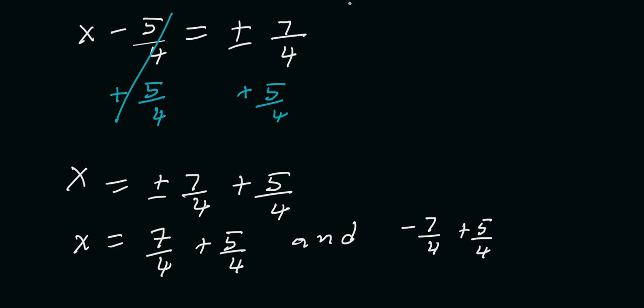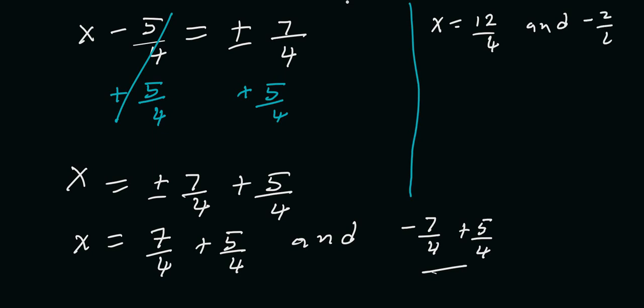So let's take it this way. x now is equal 12 over 4, and if we calculate this, this is negative 7 plus 5. That gives us negative 2 over 4.